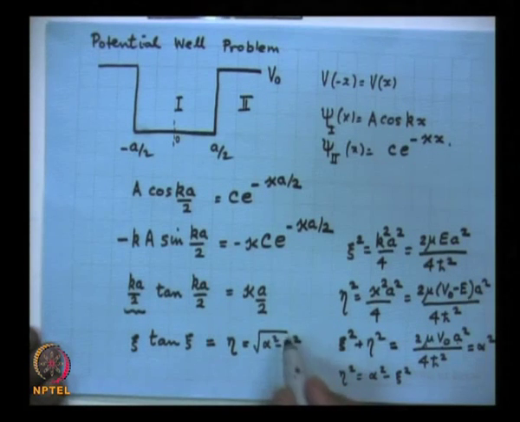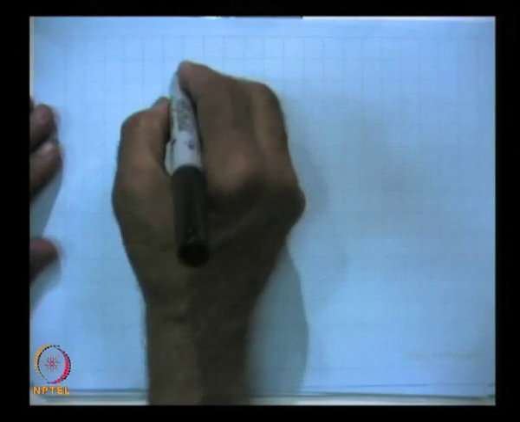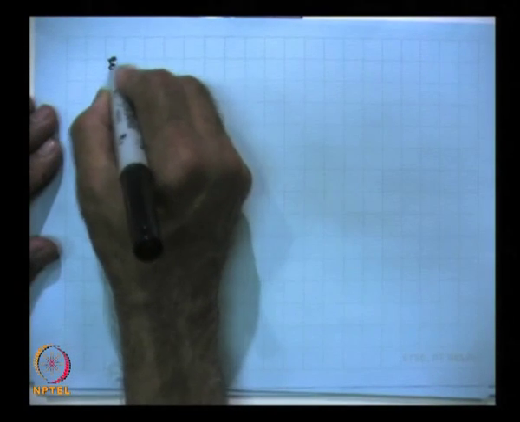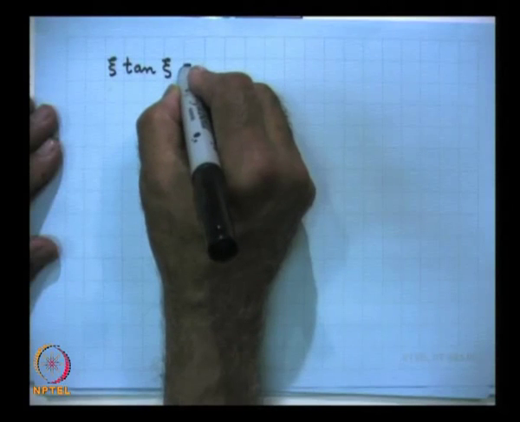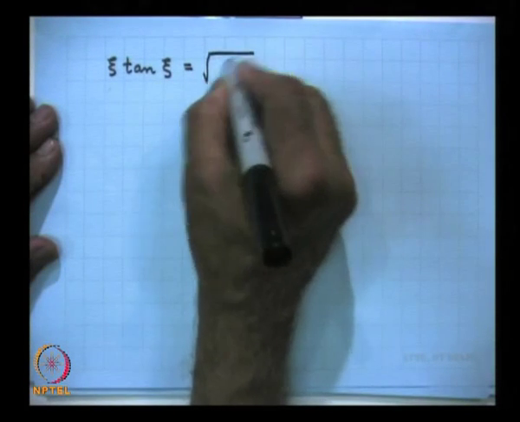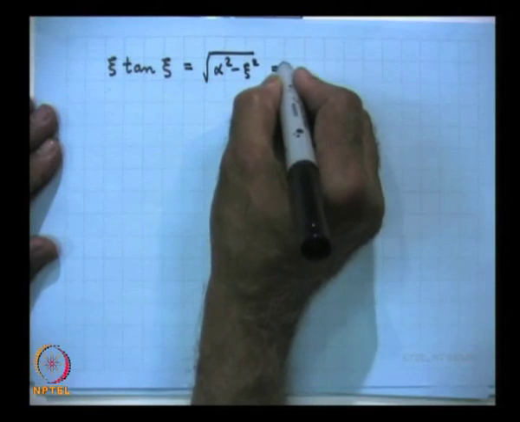We will discuss a very simple example a little later. So, therefore, the transcendental equation is xi tan xi for symmetric states is equal to the square root of alpha square minus xi square. We set both of them equal to eta.